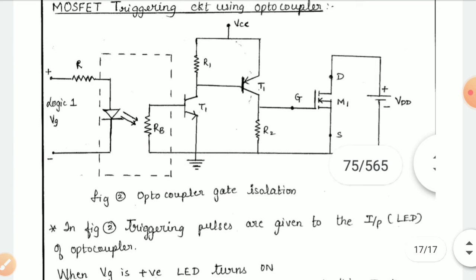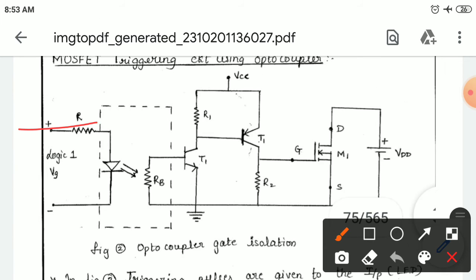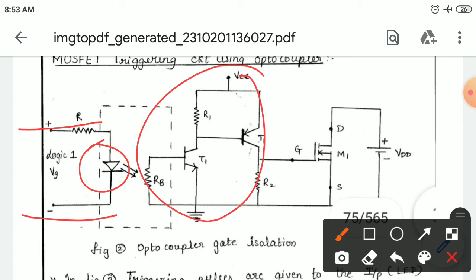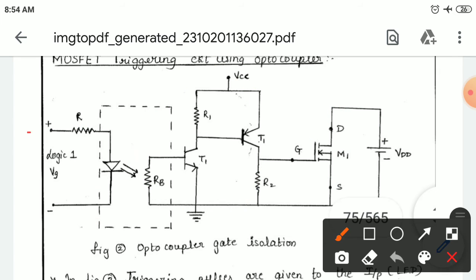So what happens? If a positive supply VG is given to your LED, the LED turns on, then your phototransistor acts. Because of the action of the phototransistor, the gate receives the required amount of pulse. Then your MOSFET is conducting, so the current starts flowing to the load. If VG is negative, then the LED is off.